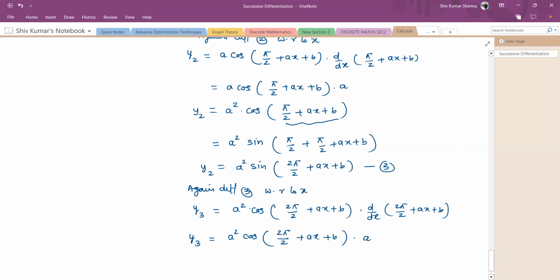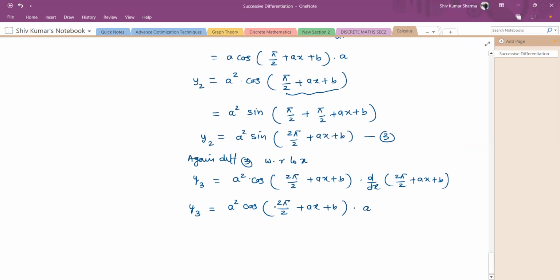This gives us a, because pi is constant and b is constant. The differentiation of ax with respect to x is a. So y3 is equal to a cubed into cos(2pi/2 + ax + b).